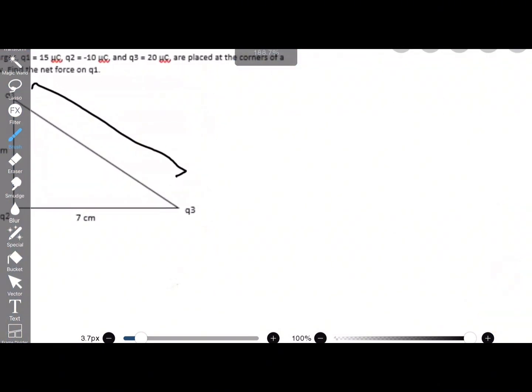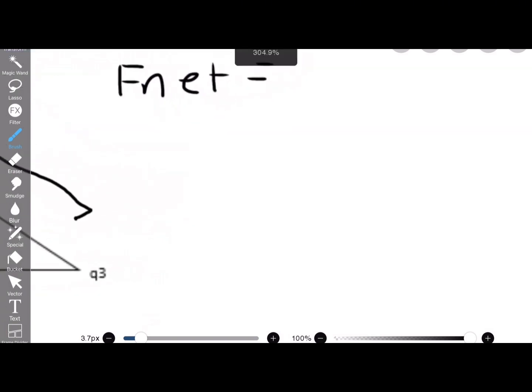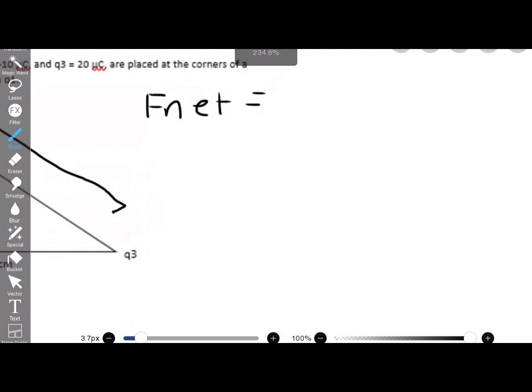So with this, we have to make an equation of F net is equal to, always remember, F net is always the sum of the net force, or rather the force that is acting upon a certain object. So with this, we can just substitute that through the use of this.